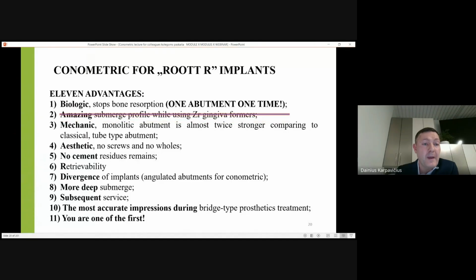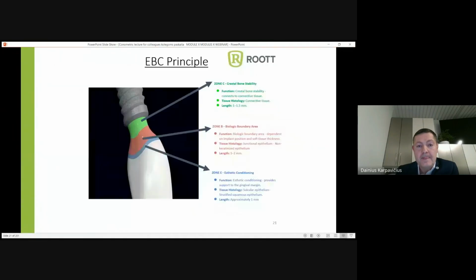So one of them, or even two of them, is biological: a very good and amazing submergent profile, especially when we started to use individualized zirconia gingiva formers. Of course, biologically, we know the zones that are surrounding our peri-implant environment.